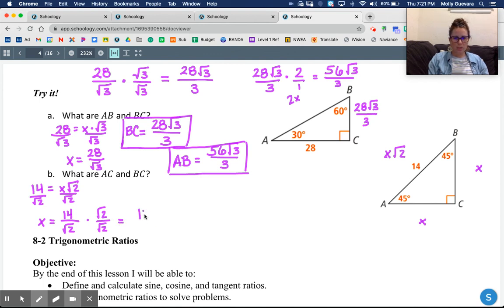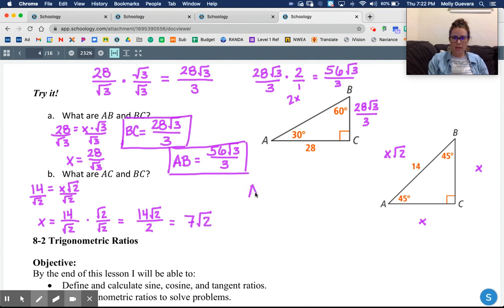And that gets me 14 square root of 2 over, because I have square root of 2 times square root of 2, those square roots cancel, and I'm just left with 2. And because I can divide 14 by 2, I can just call it 7 square root of 2. And that's perfectly fine.